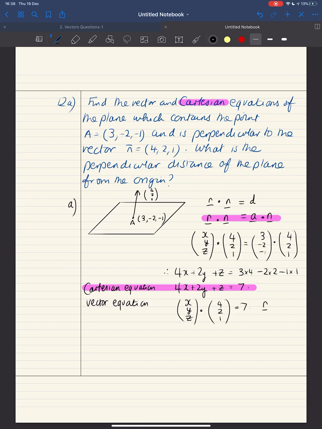I can say r dot 4, 2, 1 equals 7. That's the vector equation there. Let's do that in a different colour. It's just keeping it as a vector on that left-hand side. Okay.